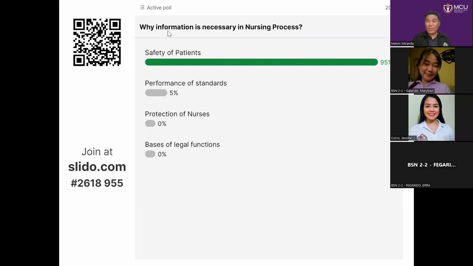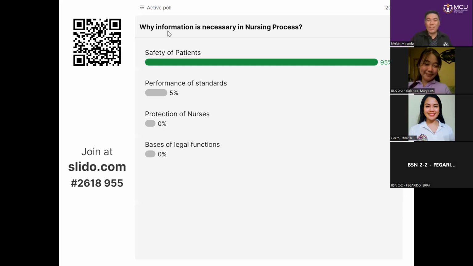So very basic yon. Information, the name of the patient is an information that will really protect you and the patient as well, that you are administering the drug appropriately for that patient and considering the appropriateness of the drug to her or to his diagnosis.